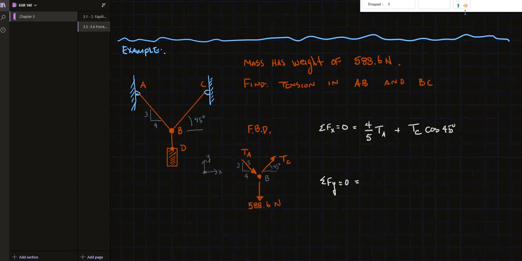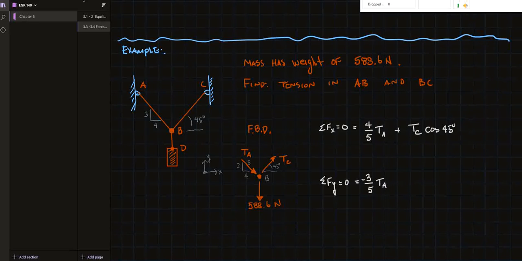So the sum of forces in the y is going to lead us to -3/5 TA, since it's pointing down.